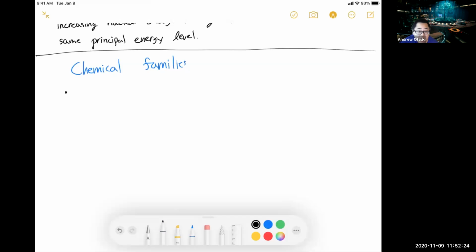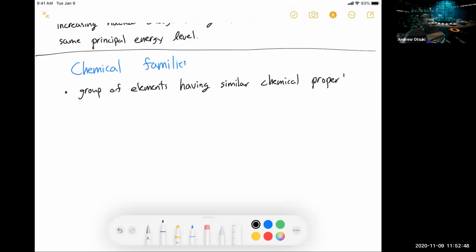So chemical families are a group of elements having similar chemical properties due to similar valence electron configuration.